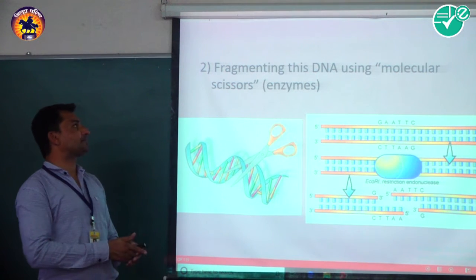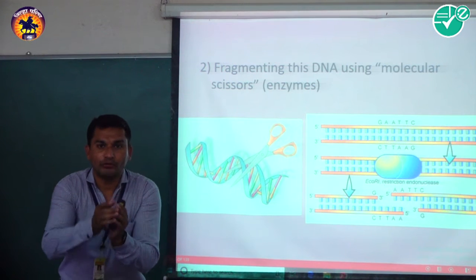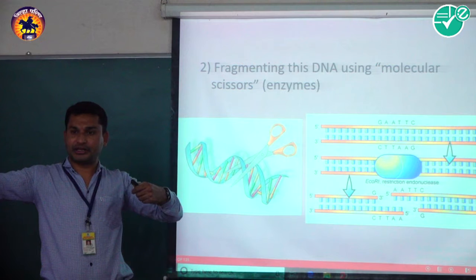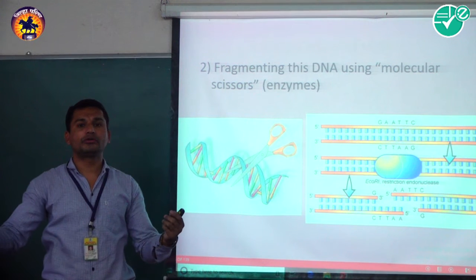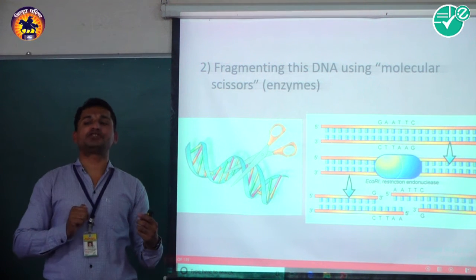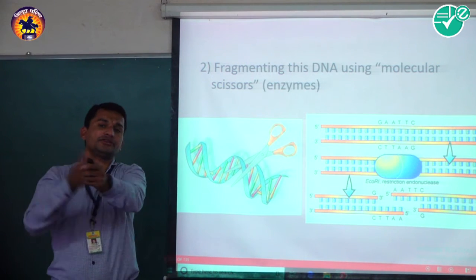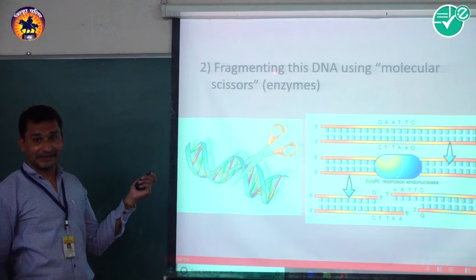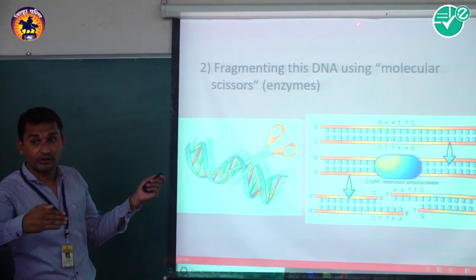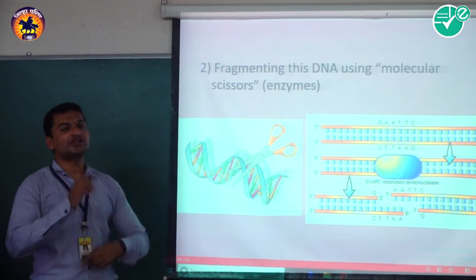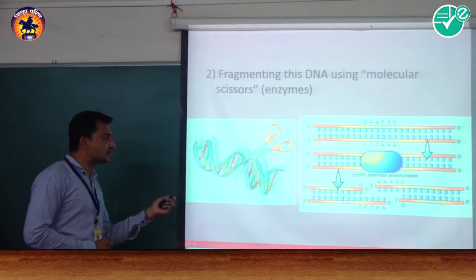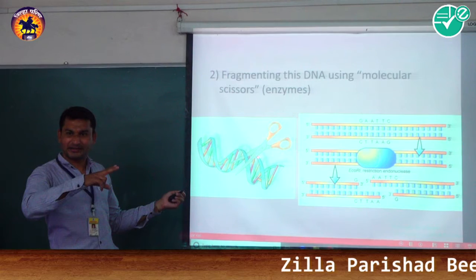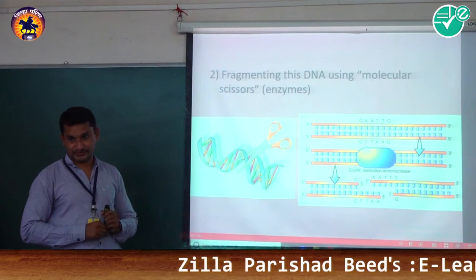Then the second step. After isolating that segment of DNA, we don't know the specific gene; we have a long segment. That long segment should be fragmented into small pieces, and this is done by using molecular scissor-like chemicals called enzymes.